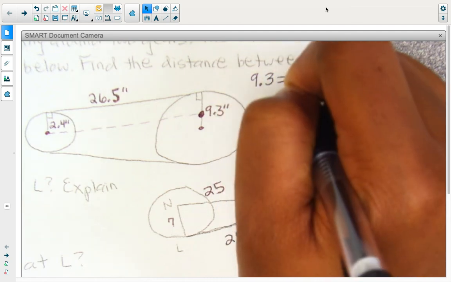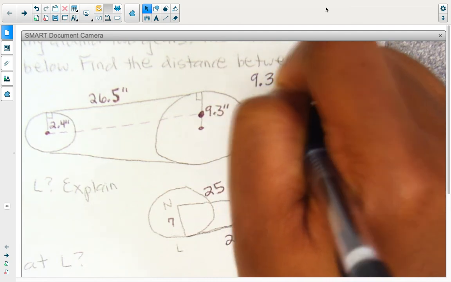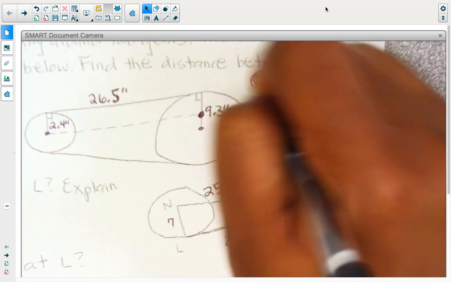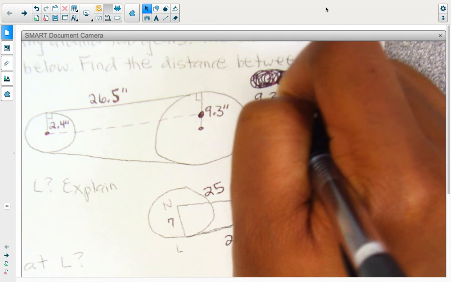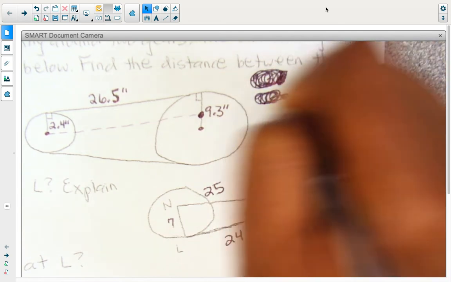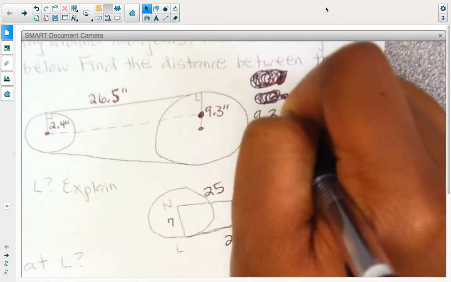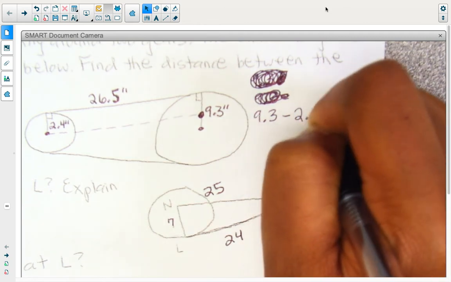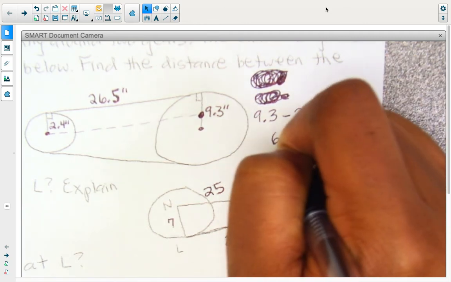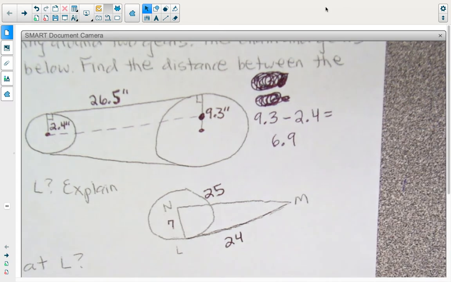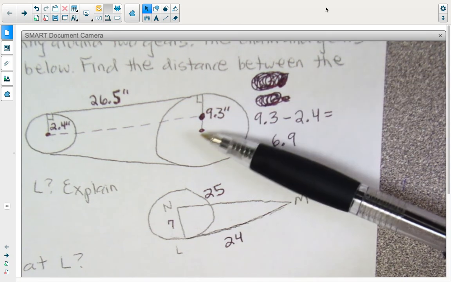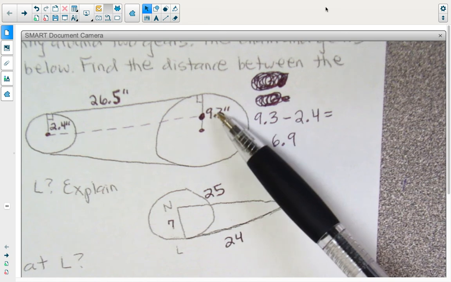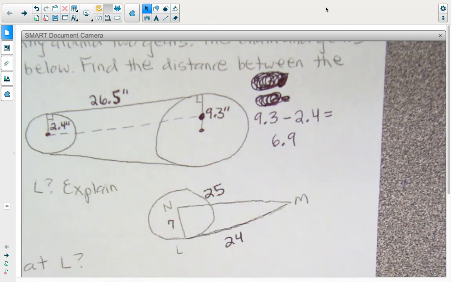Hopefully you're writing in pencil, but you know how I do it in my videos so that you can see the numbers a little better. So 9.3 minus 2.4 gives me 6.9. If I want to find the distance that's remaining, I can just do the whole distance minus that. So I got 6.9.